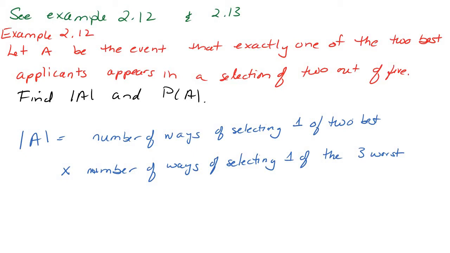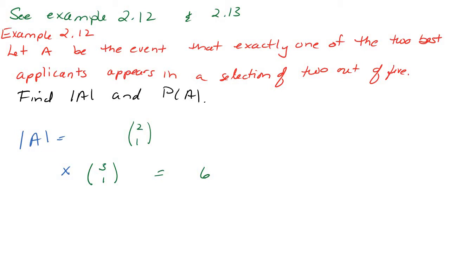Well, there's 2 guys I could get in there, right? I have to count the number of ways of selecting one of the 2 best. And that means the other guy in the 2 best is going to end up in the pile of the 3 worst, right? No, I said that wrong. So the number of ways, I'm going to pick 2, and I've got to get one of the 2 best in that 2, but the remaining one is going to be with the 3 others.